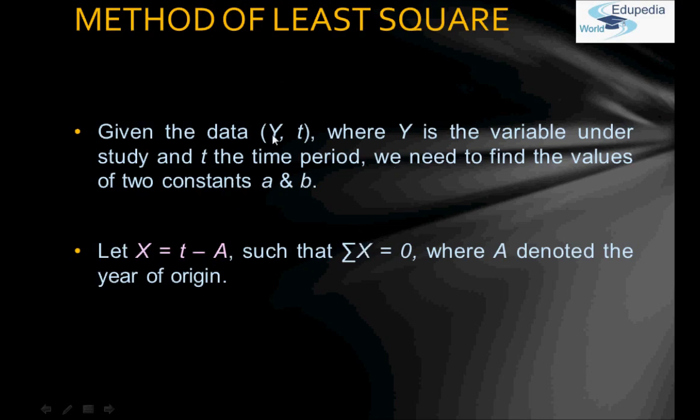So let's see and understand how we can go about doing this. Let's say we have the value of t and the variable y given to us. Say t1, t2 up to time period tn, and we have the values of y as y1, y2, so on up to the last time period, that is yn.